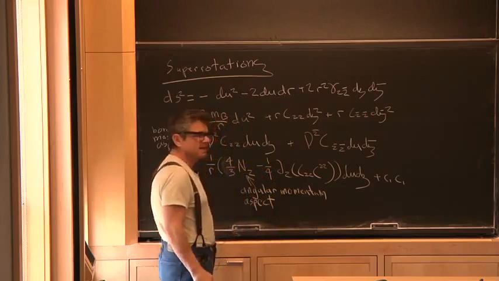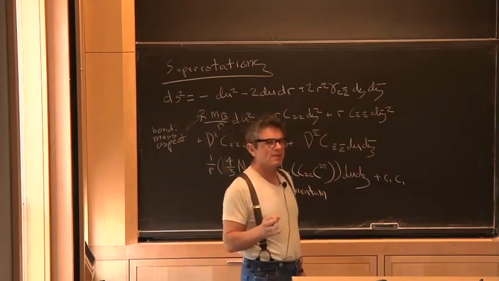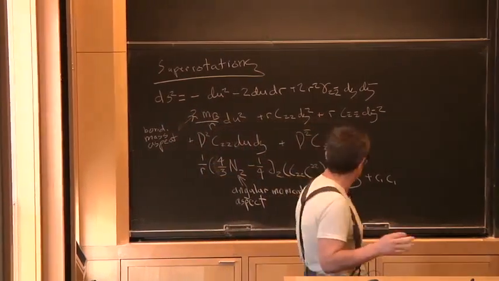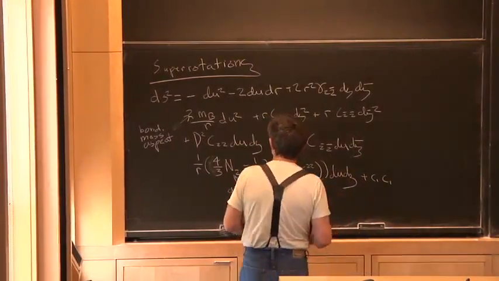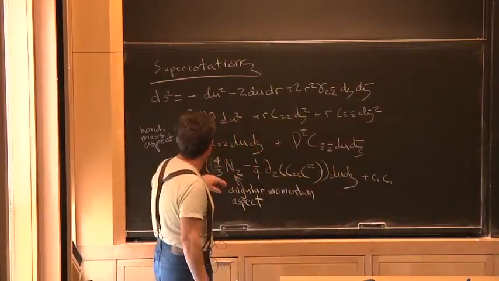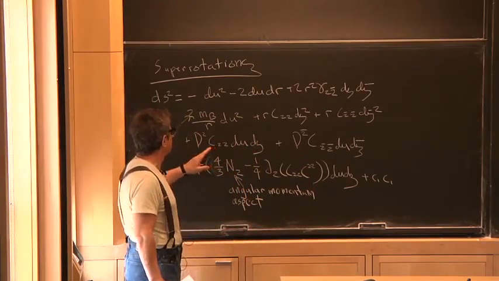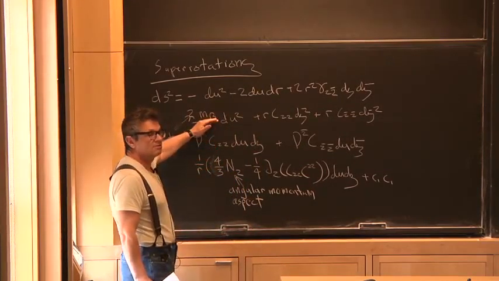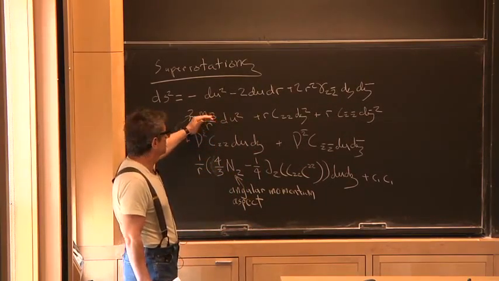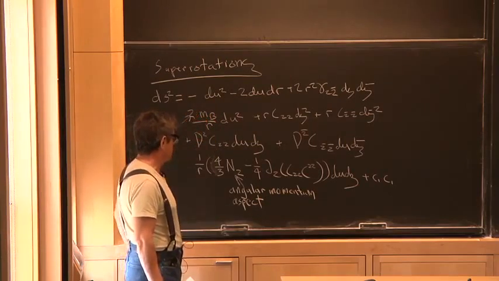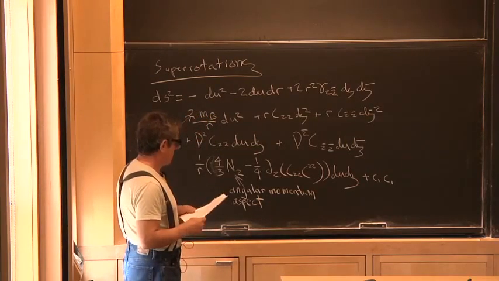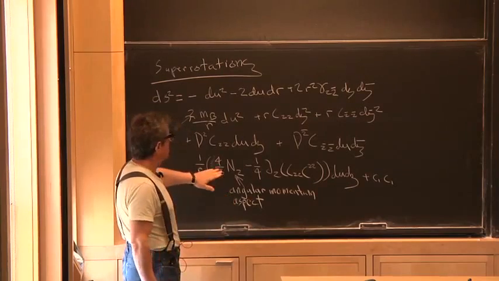Roughly speaking, the standard ADM formula for angular momentum involves this N_z in the same way that the ADM formula for the energy and momentum involves m_B. Okay, so this is an important thing.